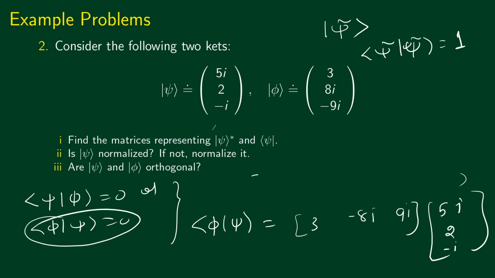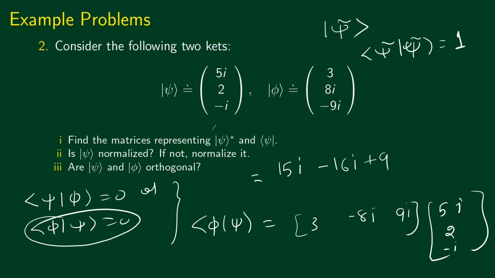This is equal to 3 multiplied by 5i, that's 15i, minus 8i multiplied by 2, that's minus 16i. So 15i minus 16i, and then I have 9i multiplied by minus i, which is plus 9.